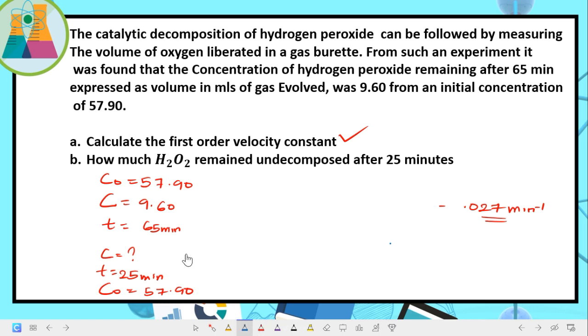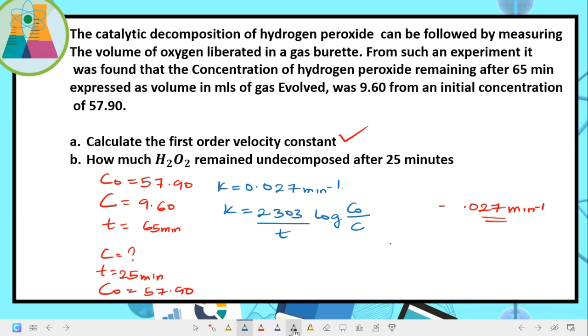The value for k is equal to 0.027 per minute. Now what is your k initially? Your k is 2.303 all over t log C0 all over C.